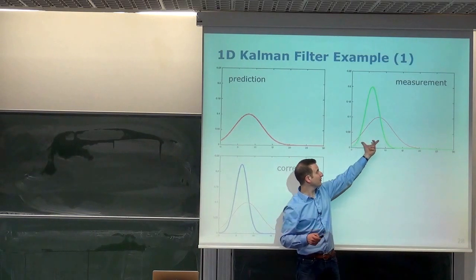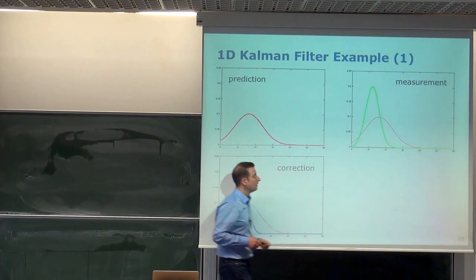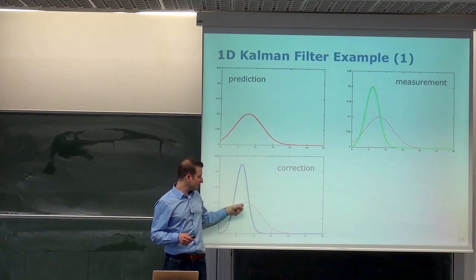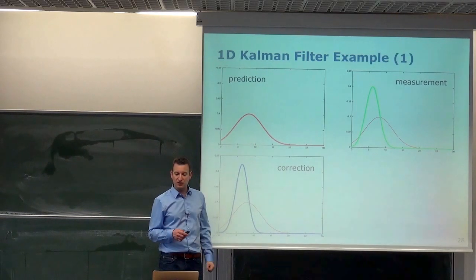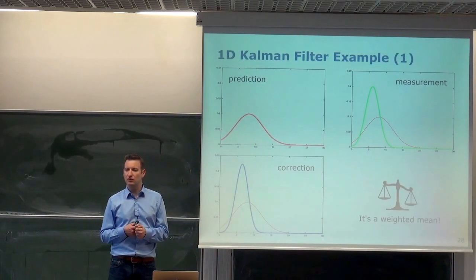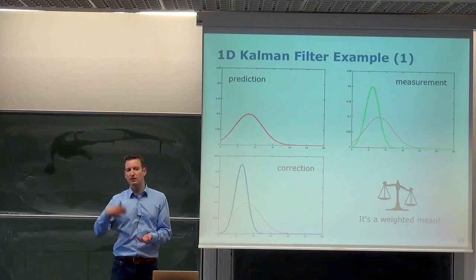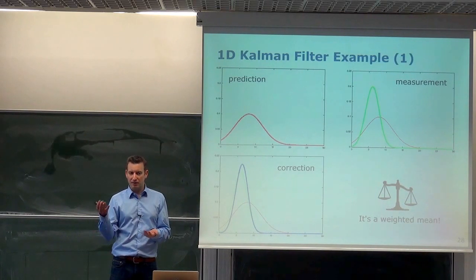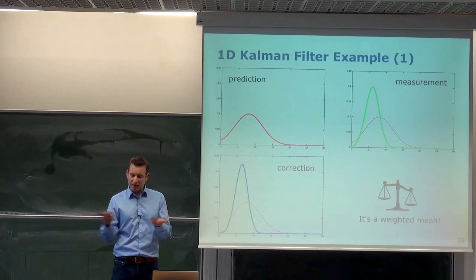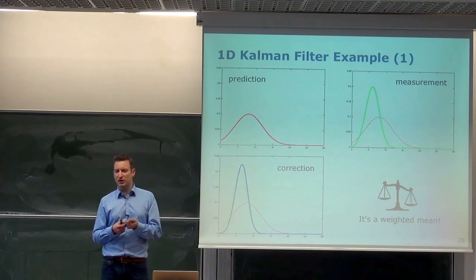So here in this case, the observation has a smaller variance. And this gives me my joint belief. So I'm here in this example closer to my observation rather than to my prediction. But in the end, it's nothing more than a weighted mean. So I'm computing a weighted mean between my predicted belief and the innovation that comes through the observation. So how much should I change my prediction according to what I see?